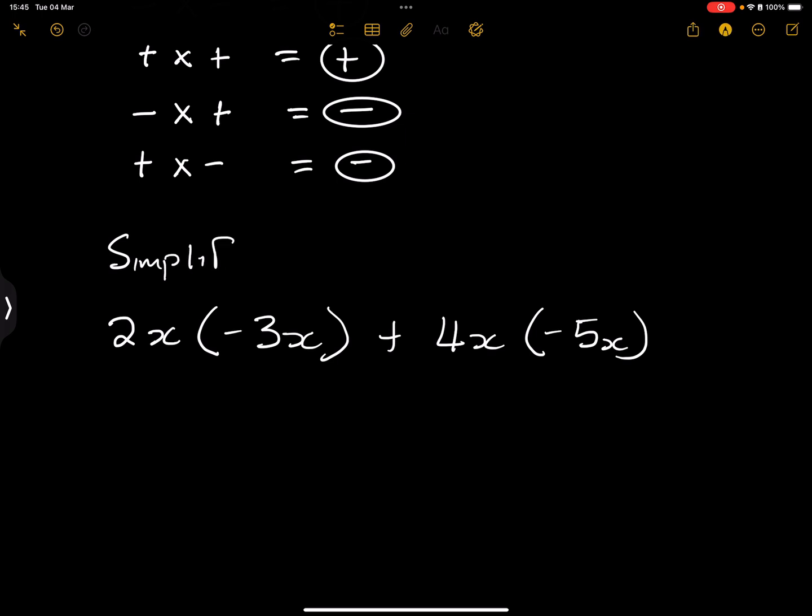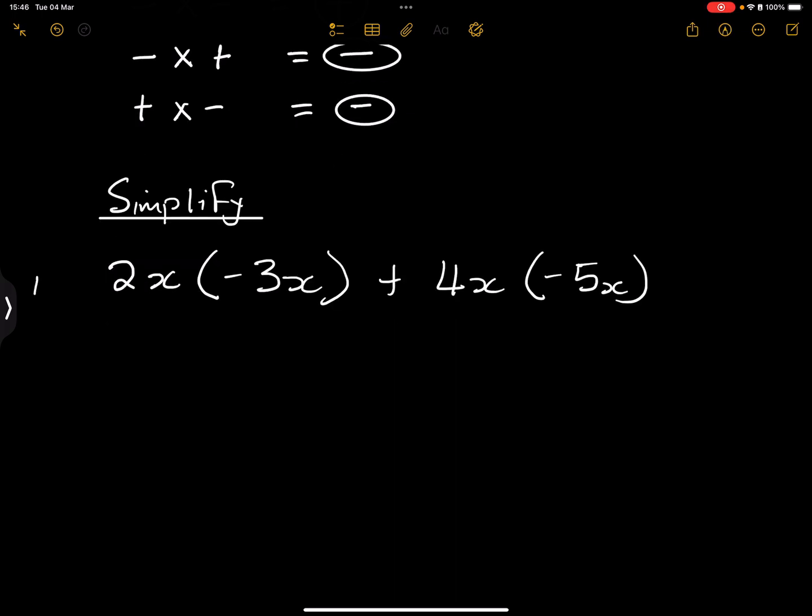This is not an equation. It is a mathematical expression, and anytime I look at a mathematical expression, I can always simplify.